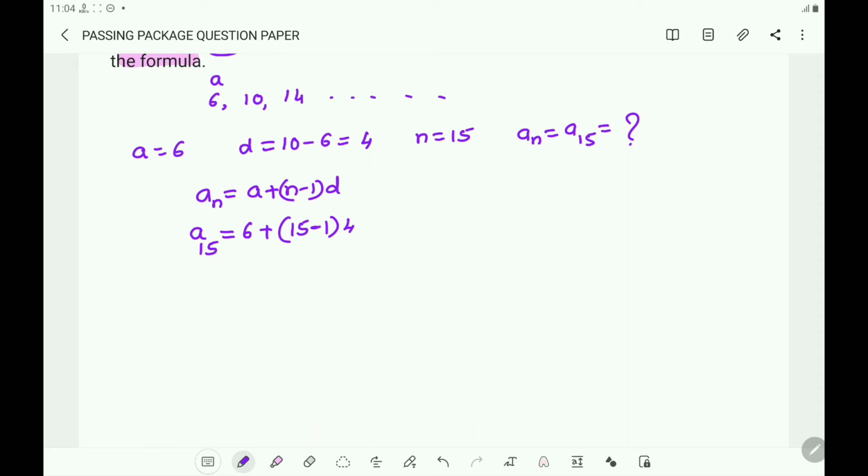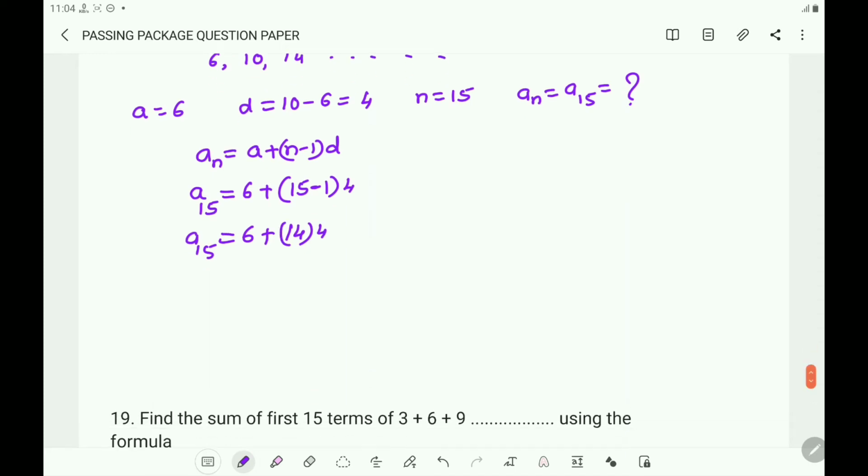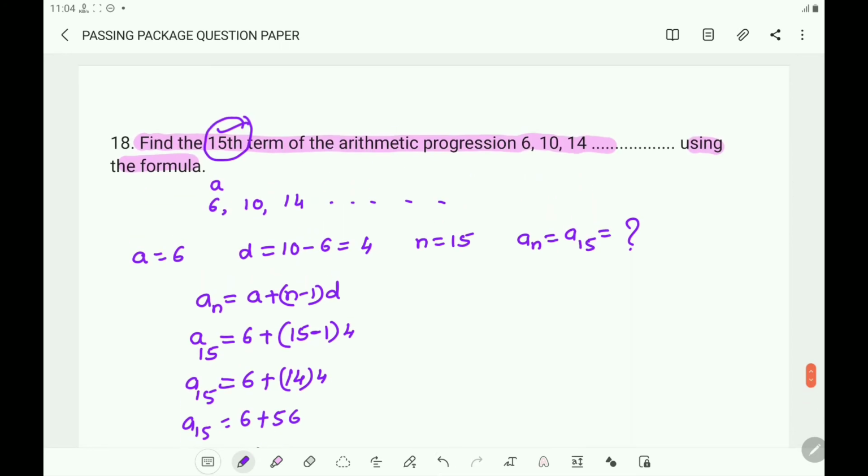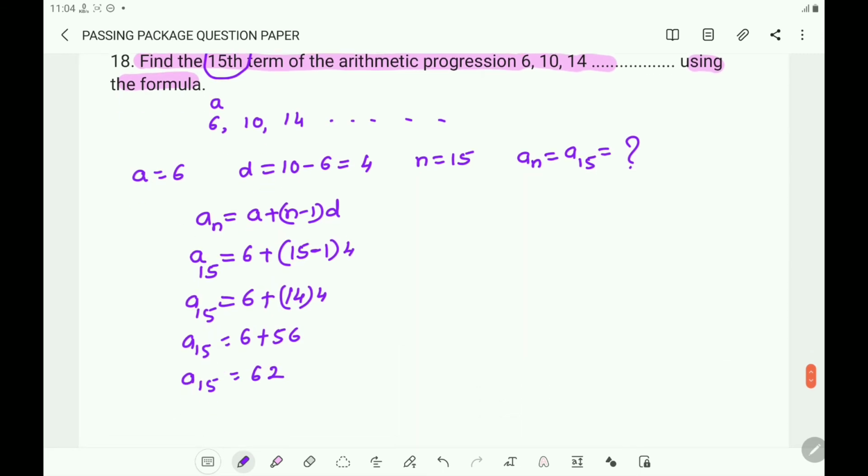So a15 equals 6 plus 14 into 4. 14 fours are 56. So you got a15 equals 56 plus 6, that is 62. So what is the 15th term? The 15th term is 62.